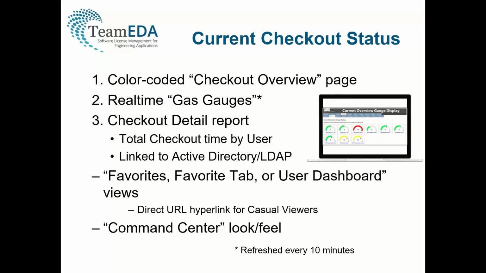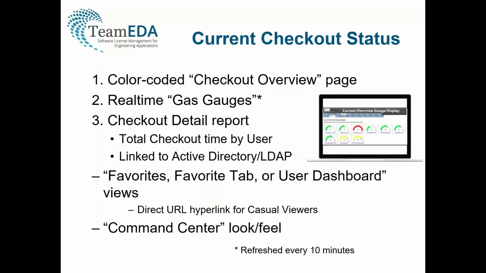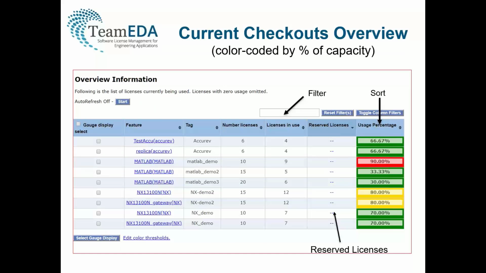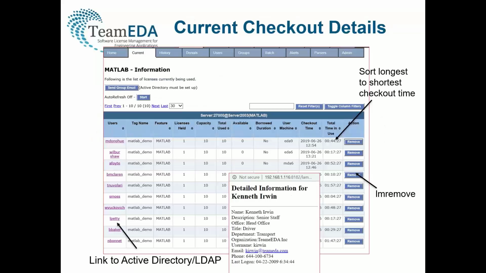So a real whistle-stop tour there of a number of different report types. We looked at the different checkout overviews, gas gauges, a very quick way of seeing what's in use, and the Active Directory information for each of these users.